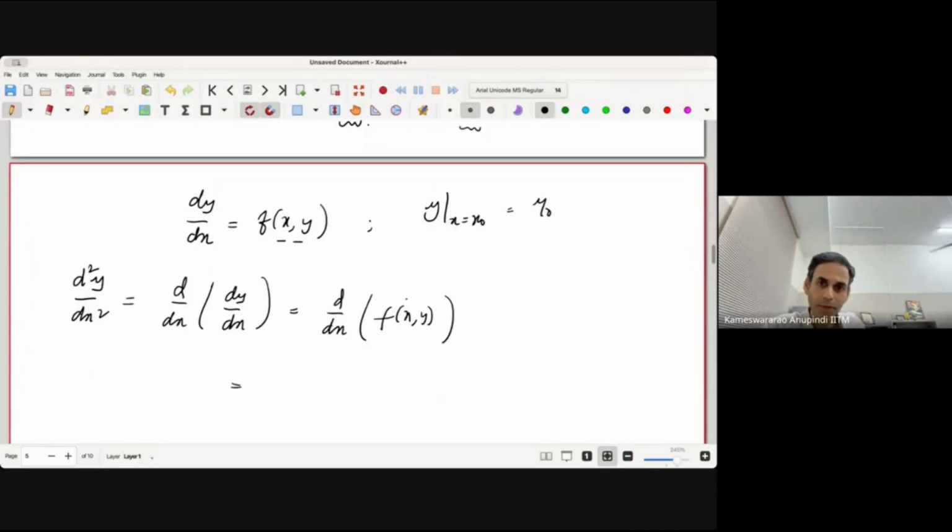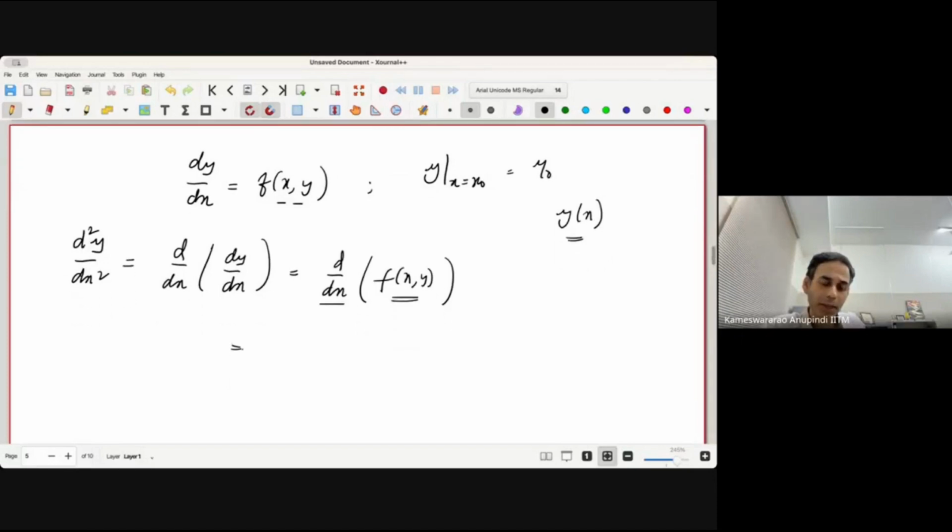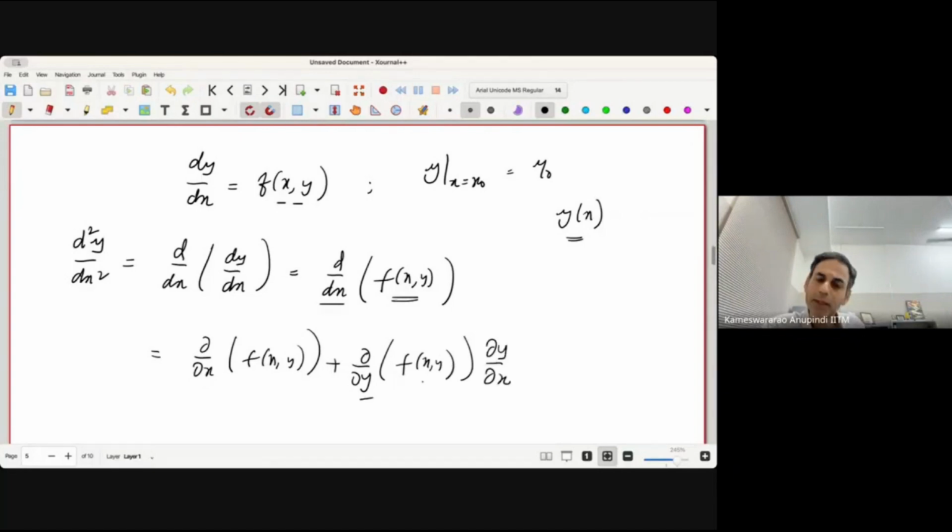But then f of x comma y, when you take the derivative with respect to x, this is a function of both x and y, which in turn is again a function of x, right? Because y is a function of x. That is what we are trying to solve. So that means d by dx can be expanded using the chain rule as partial x of f of xy plus partial y of f of xy times partial y by partial x, right? Because how f changes with respect to y is what we are calculating, but then y in turn is a function of x, right?